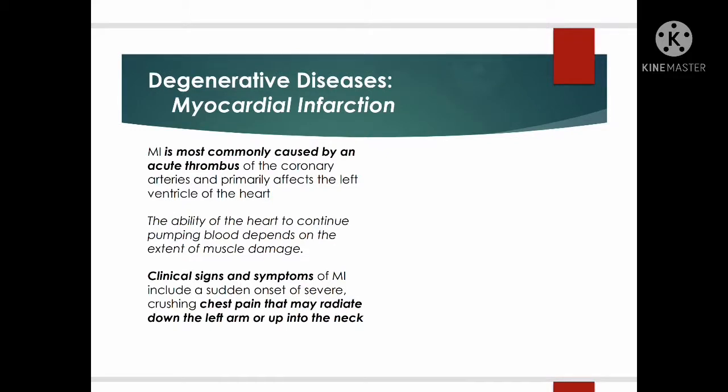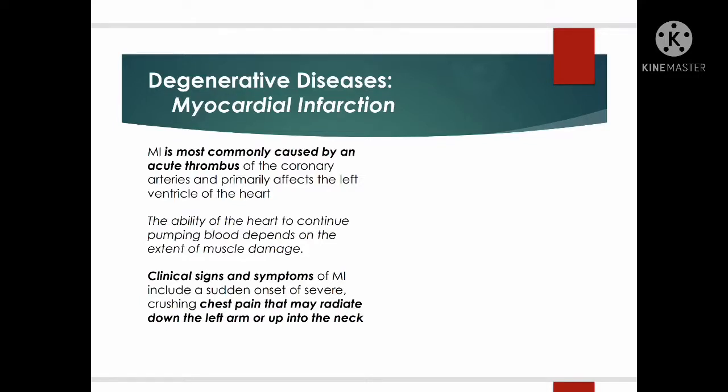Myocardial infarction is most commonly caused by an acute thrombus of the coronary arteries and primarily affects the left ventricle of the heart. The patient may experience a sudden onset of severe crushing chest pain that may radiate down to the left arm or up into the neck. They may also feel profuse sweating, shortness of breath, nausea, or vomiting. A milder symptom could be indigestion.